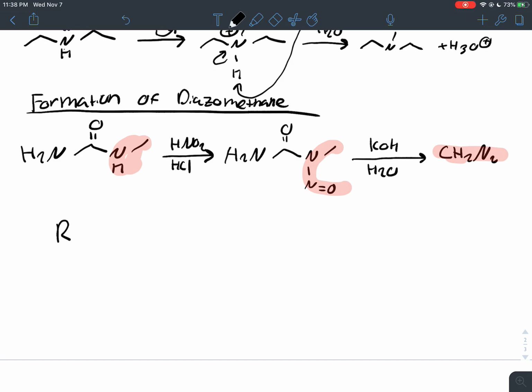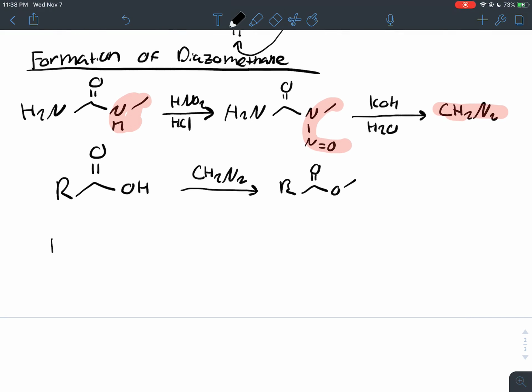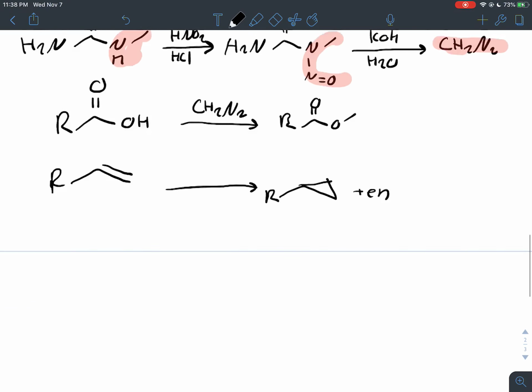If you have a carboxylic acid with CH2N2, you create a methyl ester. And then if you have an alkene, you create a cyclopropane.